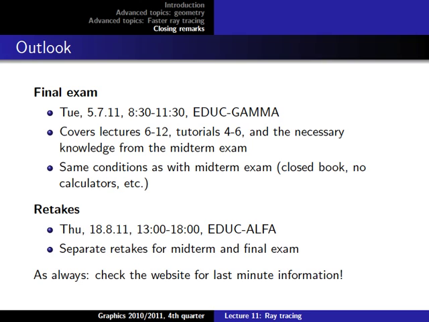In the unfortunate case that you don't make it, the retakes are scheduled August 18th, so at the end of the summer, this time at a much nicer time frame. Just a note, I will put the information about the retakes online. I will also update it on the website if there is a need for it. So in any case, always check the website for last minute information about the exam.